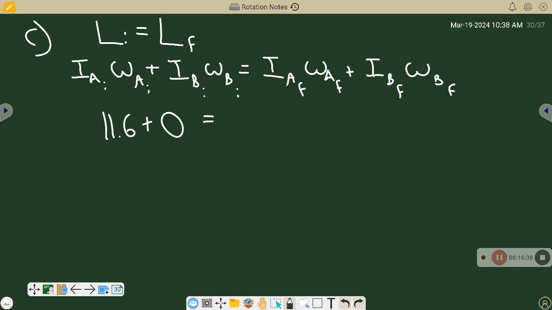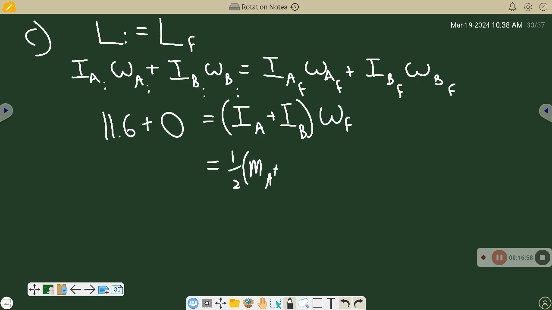On the other side, we're going to have to add up the rotational inertia of objects A and B, because they hit and stick together. They essentially become one single object. How are we going to do that? It's pretty simple. Because they have the same radii, we just add their masses together times the radius squared times omega f, and that all equals 11.6.